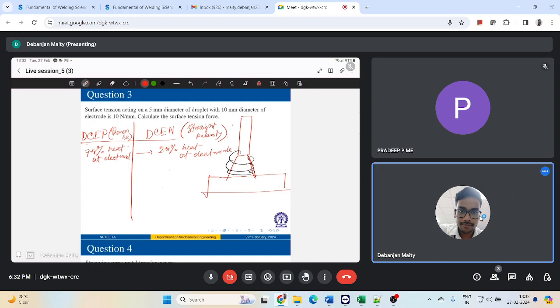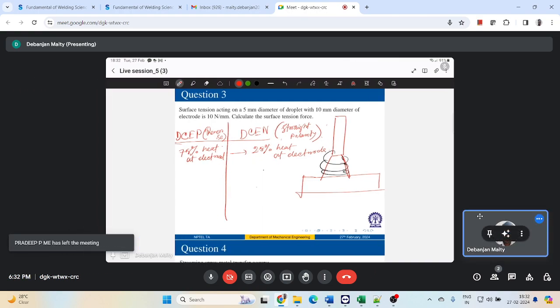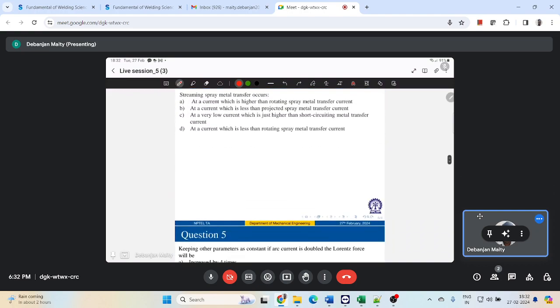Now, in terms of classification of metal transfer, what are the different metal transfers we have learned?